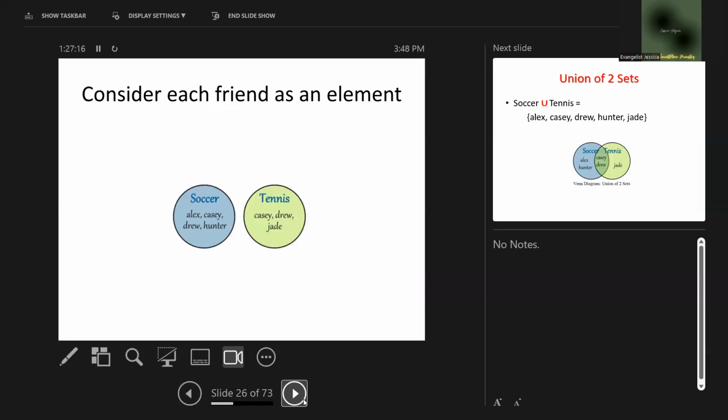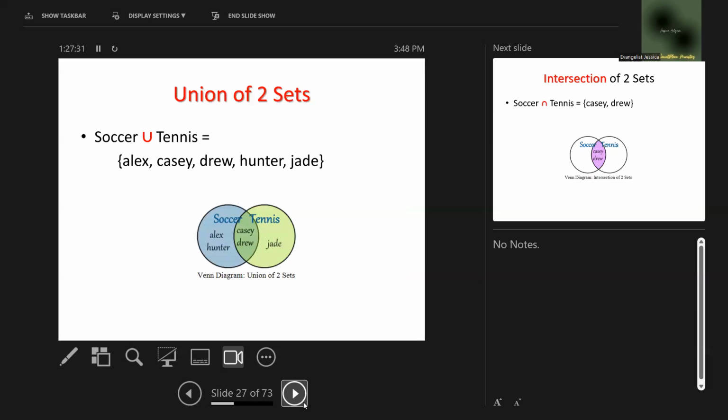Okay, for example, again, if we have two sets, a set of soccer players and a set of tennis players. You have Alex, Casey, Drew, and Hunter in soccer, and Casey, Drew, and Jade in tennis. Then if you want to write a union, it would be all the members, Alex, Casey, Hunter, Drew, and Jade, the union of these two sets.